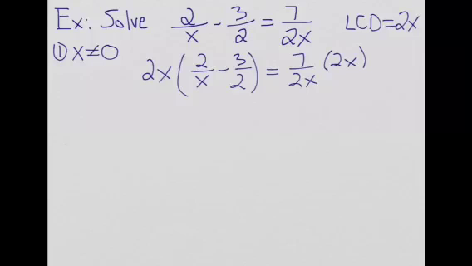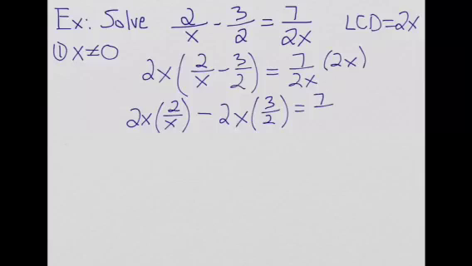Alright, so now what happens is we have 2x times 2 over x. So I'm going to break this apart using the distributive property. So 2x times 2 over x minus 2x times 3 over 2, and again that equals 7 over 2x times 2x. But now we're going to get stuff that cancels out.